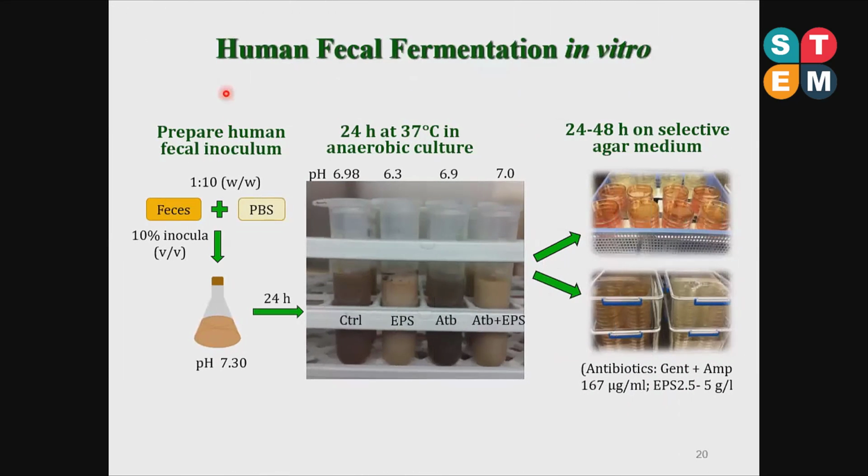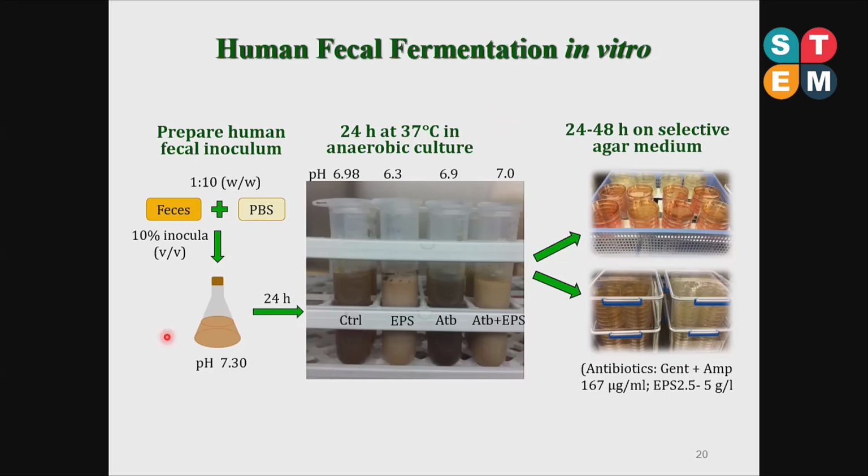So the previous results were obtained in pure culture of individual probiotic bacteria. Then we also did the human fecal fermentation. The human fecal sample is similar to the human gut microbiota.